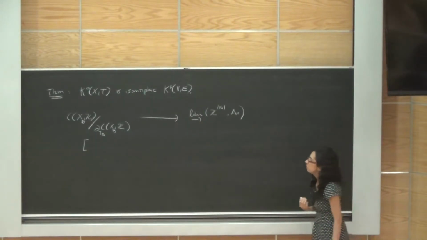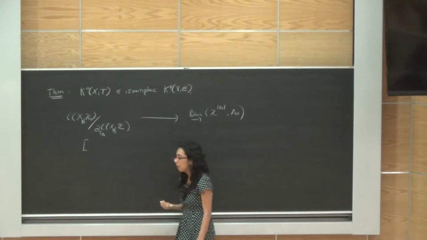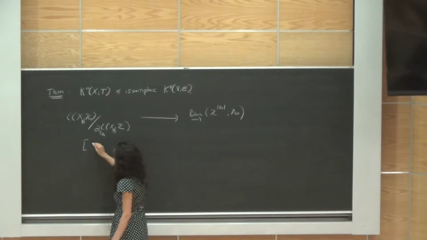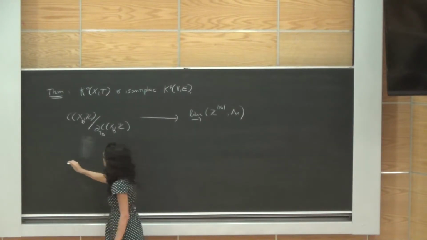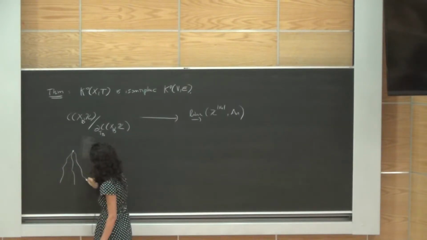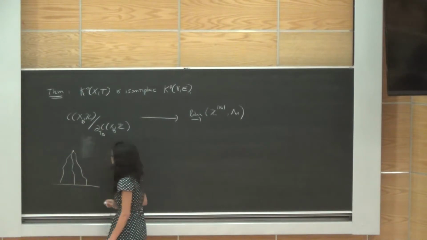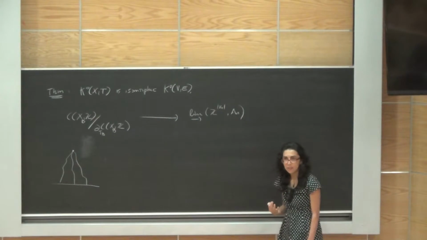And for that, the function that we can define is this. Remember that the system X_B is the set of infinite paths in B. And in X_B, I can define cylinder sets.